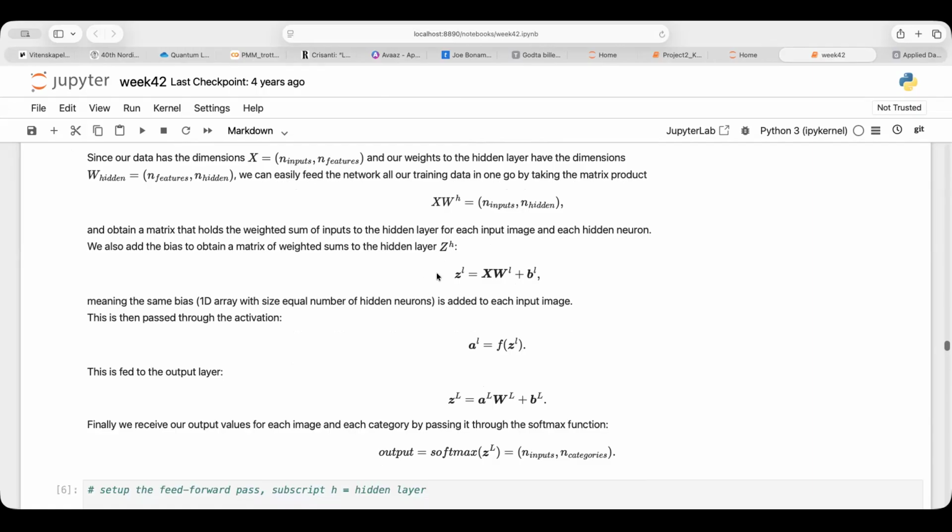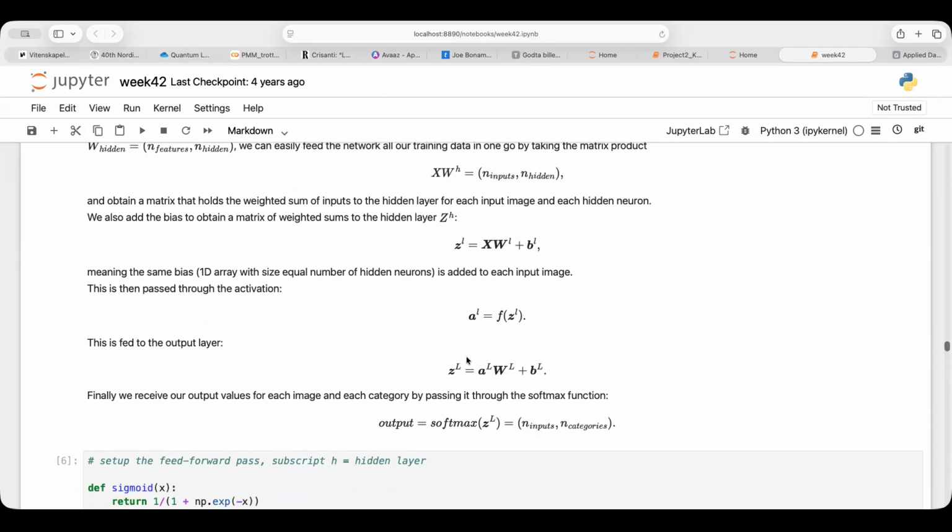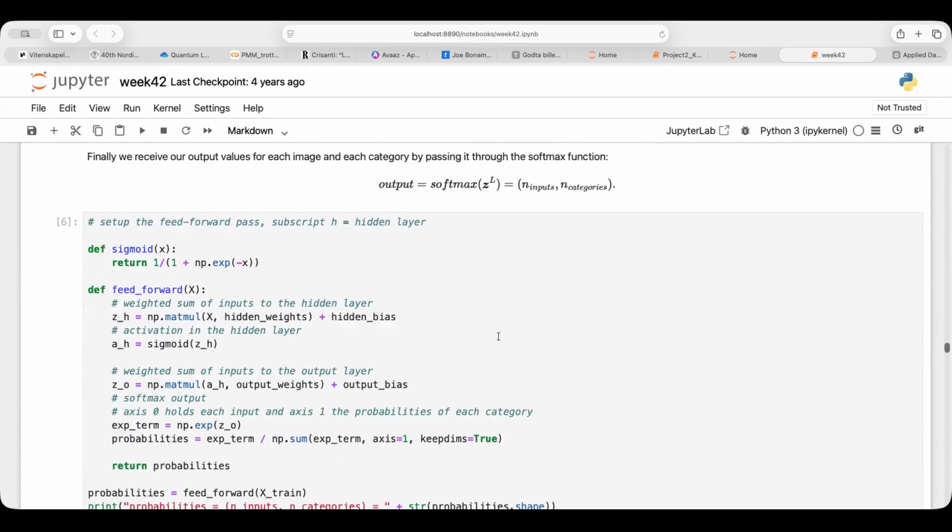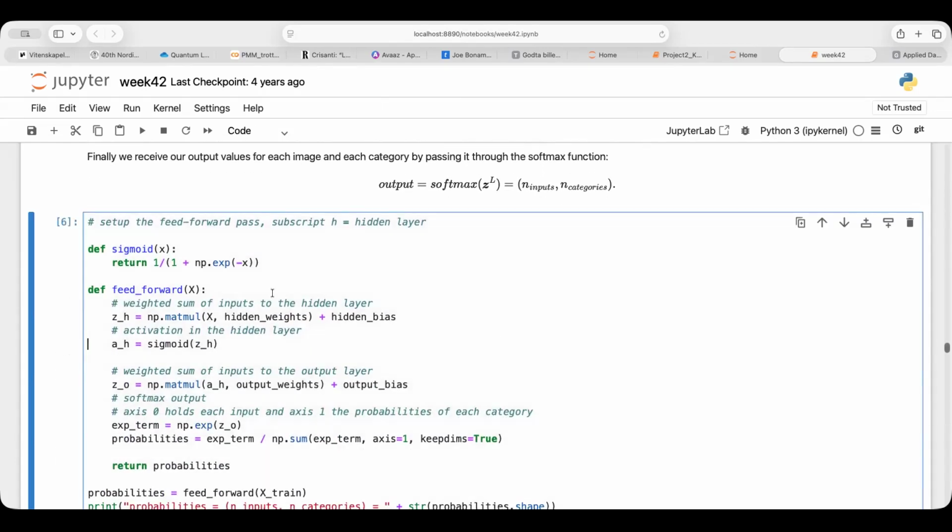This gives me now a variable Z, which can be a vector. It feeds in here. It produces an output, which then is plugged into the output layer. And then I have the output here from the layer, which I want, and then multiplied with WL plus the biases. So in the code here, I've set up the feed-forward pass. I have the sigmoid function.